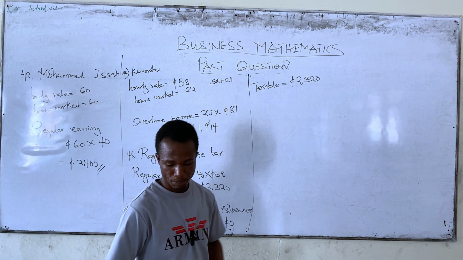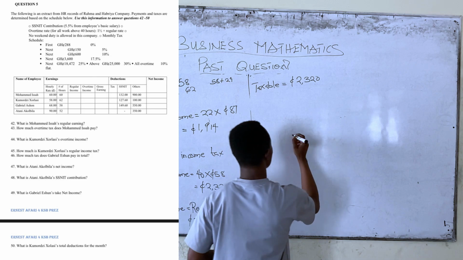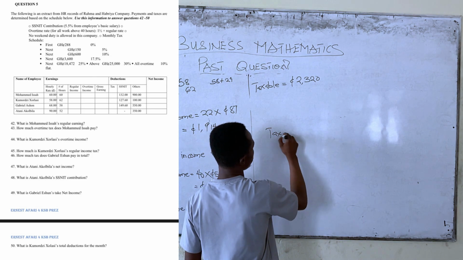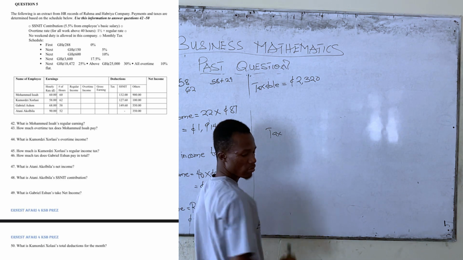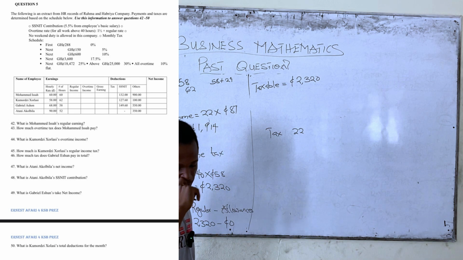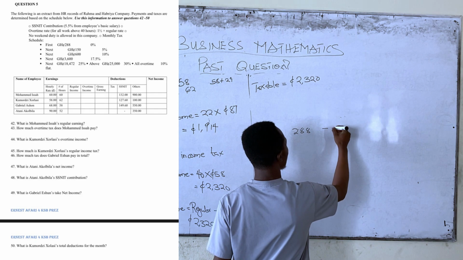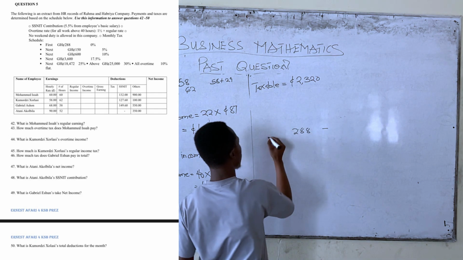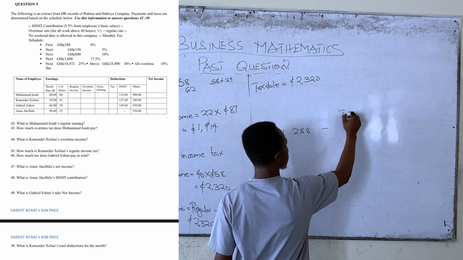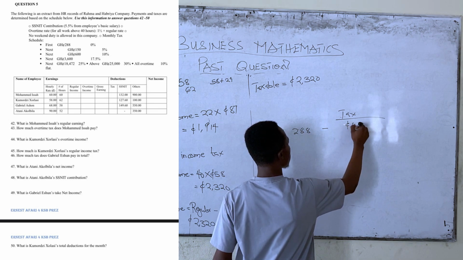So let's start. The first 288 is tax free, so the tax is 0 Ghana cedis.